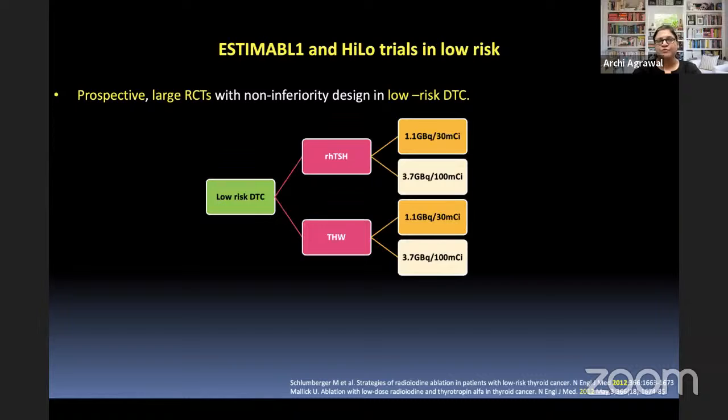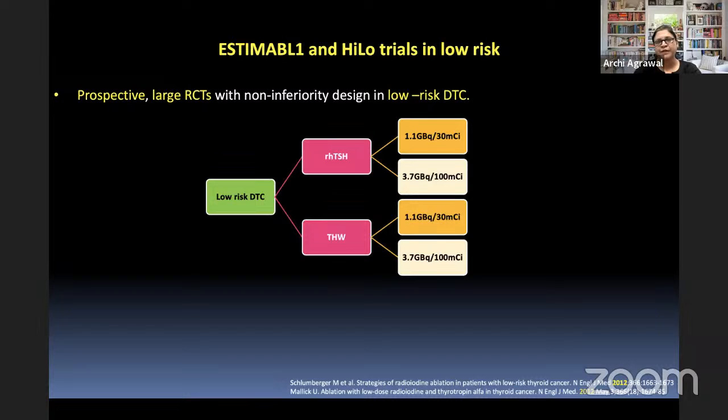So coming to some prospective trials that we have, the first of the prospective trials that were done were ESTIMABL1 and the HiLo trials in low-risk patients. Because earlier the low risk were treated with 50, 100 millicuries, sometimes even 150 millicuries, they did a prospective large randomized controlled trial, which looked at treating the patient with 100 millicuries versus 30 millicuries.